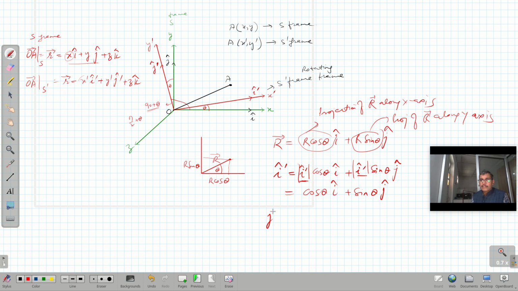Similarly, if I look at j cap prime, it is again the magnitude of this vector and the cosine of the angle between this j prime and the x-axis. It is making an angle of 90 plus theta with it, so rather than theta, let me put it as 90 plus theta.